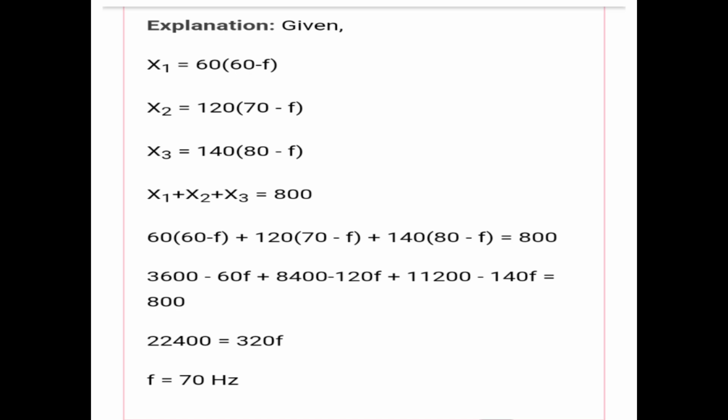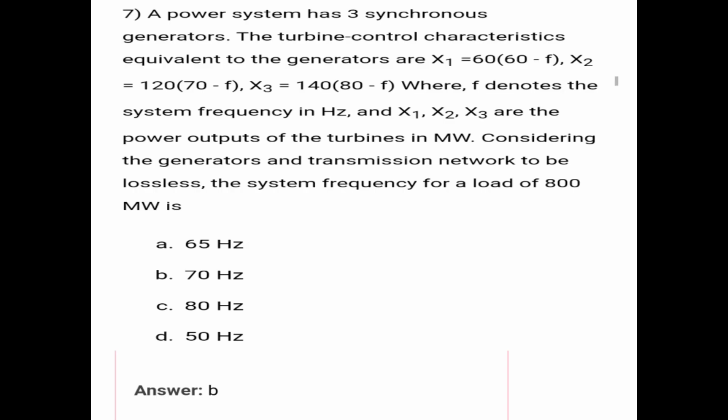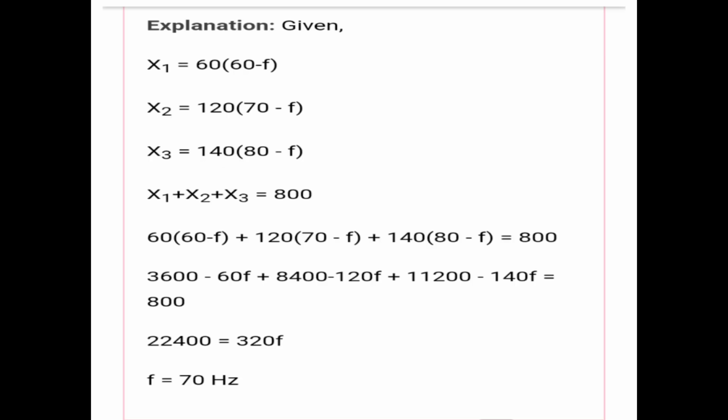So 22,400 = 320f, because minus 60 minus 120 minus 140 is minus 320, and the LHS term going to the RHS changes the minus sign into a plus sign, so 320f. So f is equal to 22,400 divided by 320, so the frequency is 70 hertz. It is very simple. It looks very hard, but we solve it with an easy method. So this is the correct answer, that is 70 hertz.